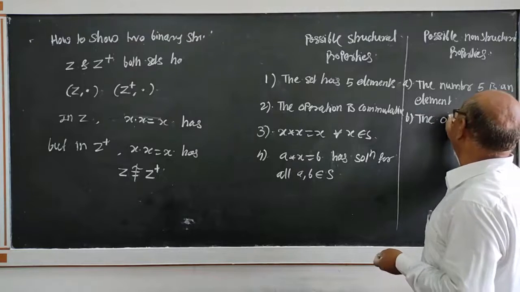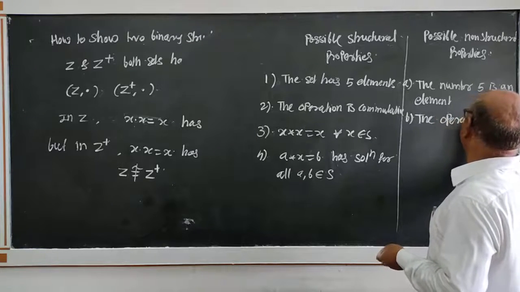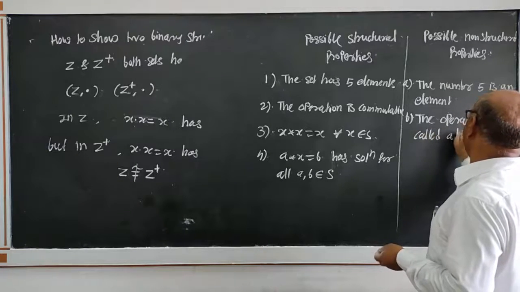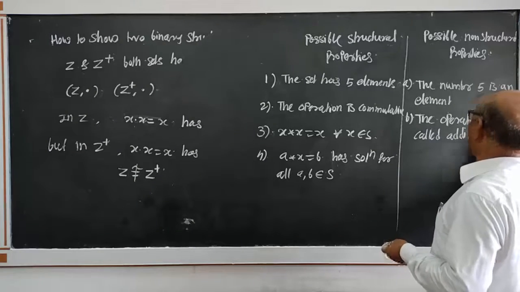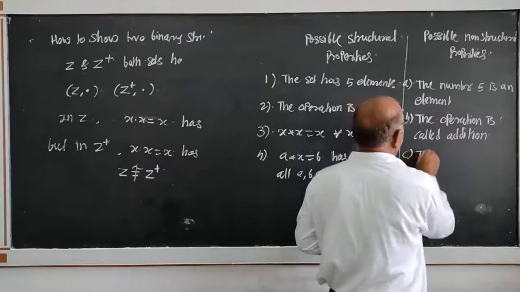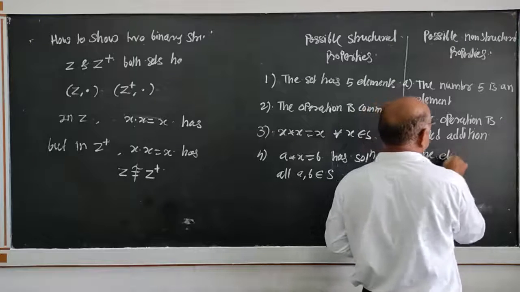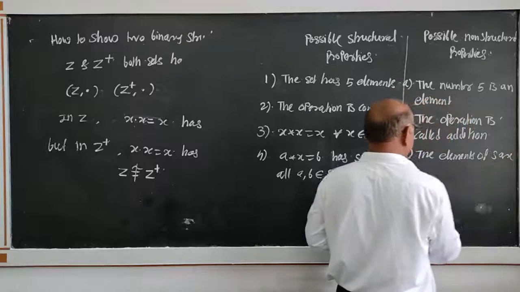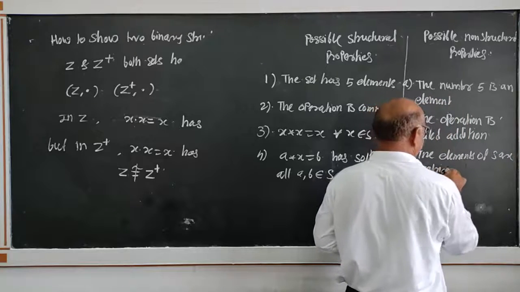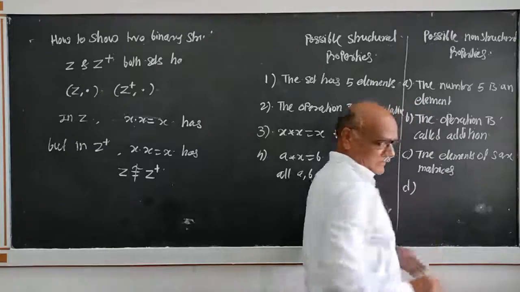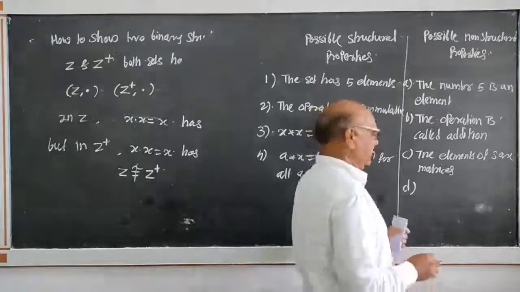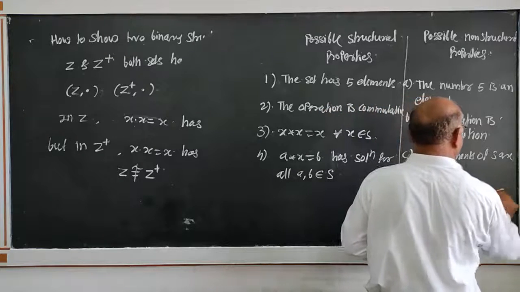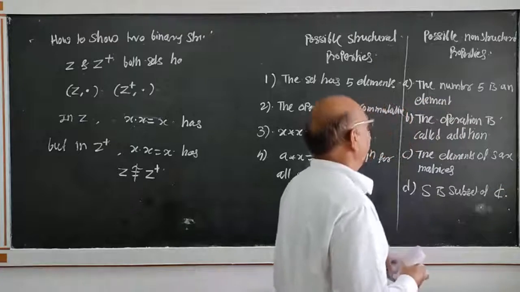The elements here are matrices. S is a subset of complex numbers.